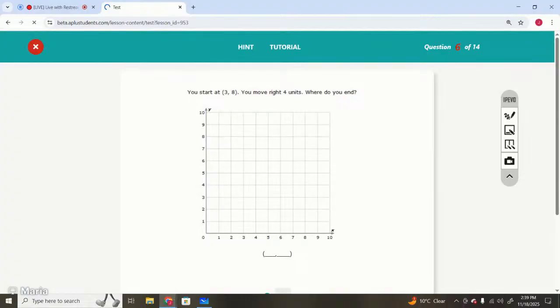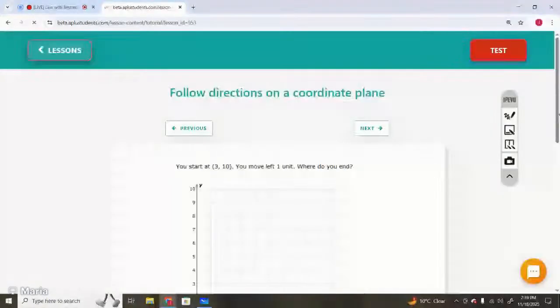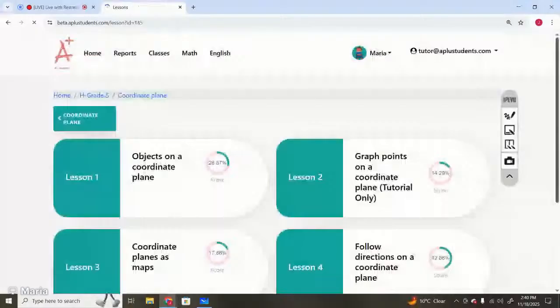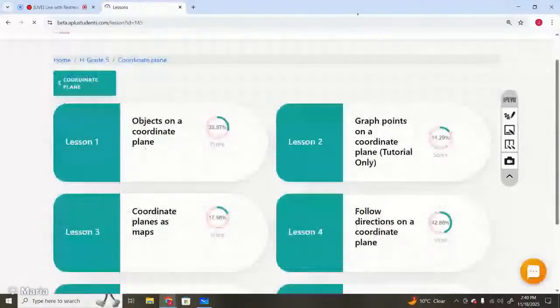So we were working on grade 5 math. The chapter we were working on is coordinate plane. The lessons we have covered today are objects on a coordinate plane, graph points on a coordinate plane, coordinate planes as a map, and follow directions on a coordinate plane.